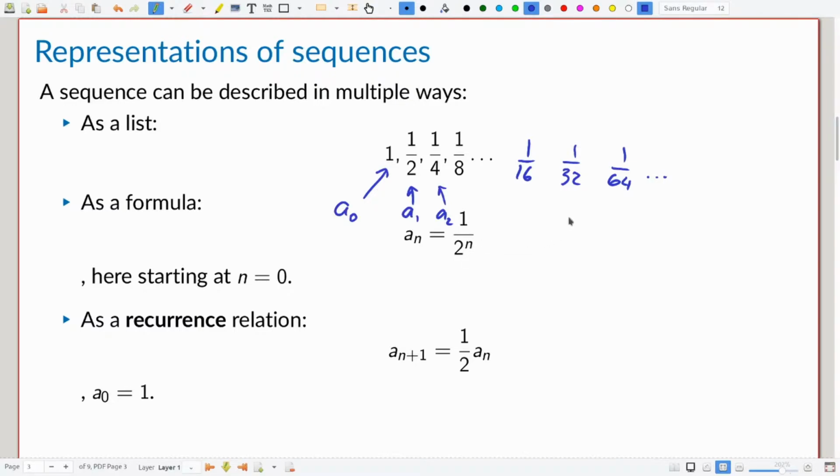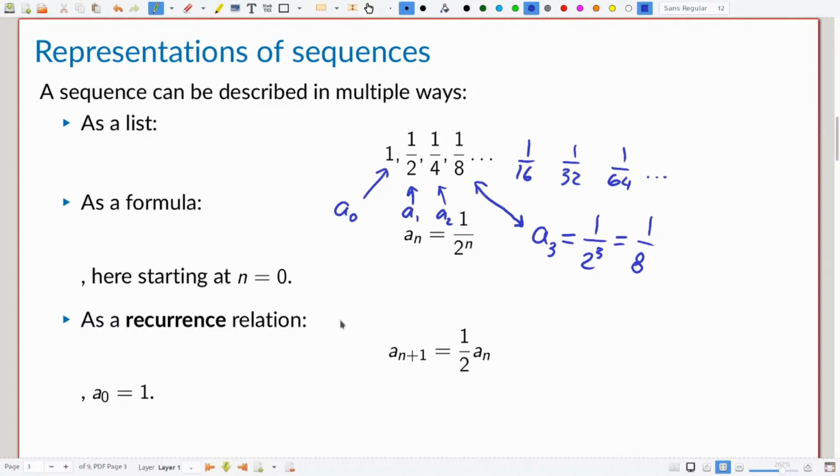And if you want to find, let's say, a3, we're going to use our formula. We get 1 over 2 to the 3, and that's going to give us 1 over 8, which indeed matches the a3 that we saw in our list already. So that's another way of describing these numbers. We can describe them by a formula.